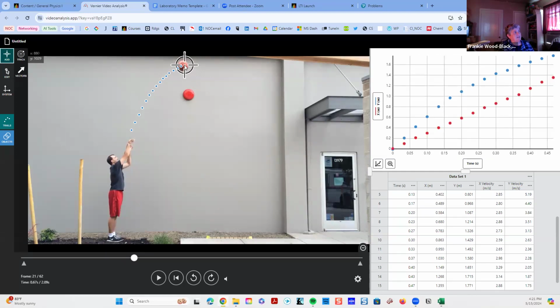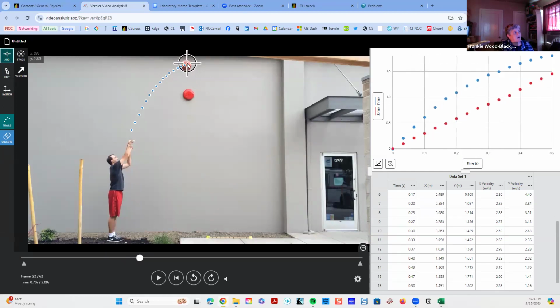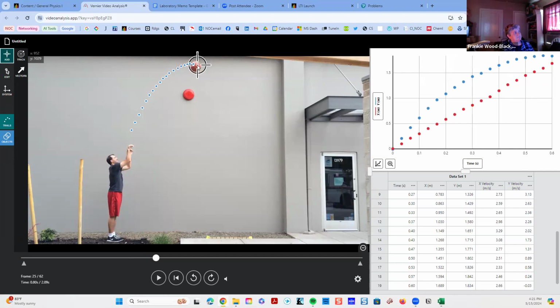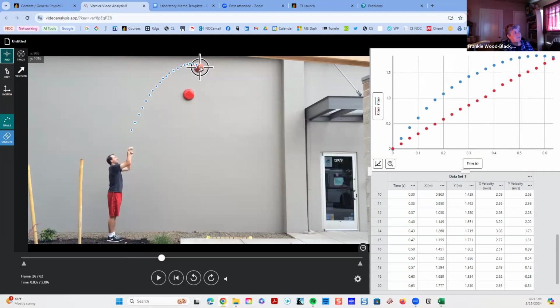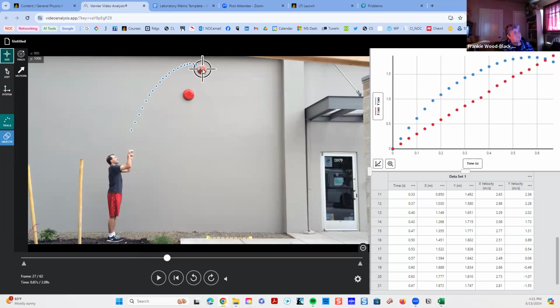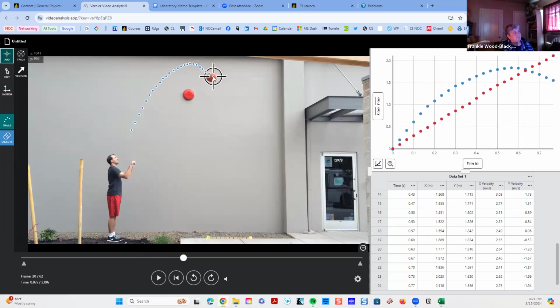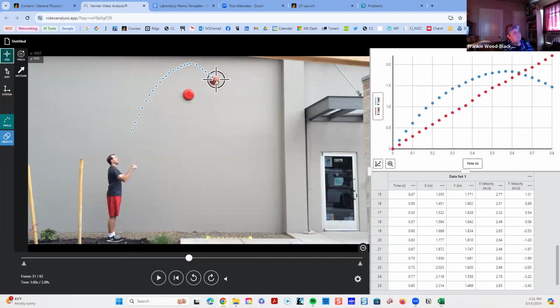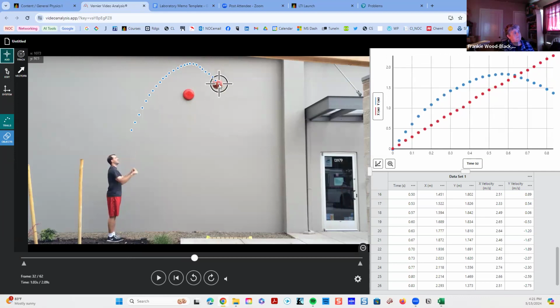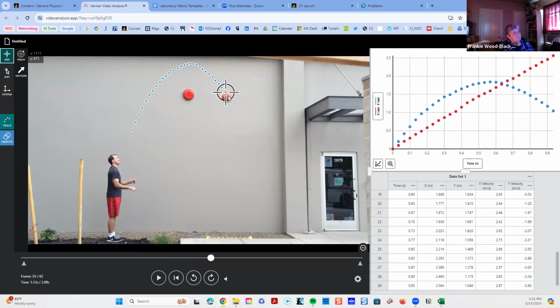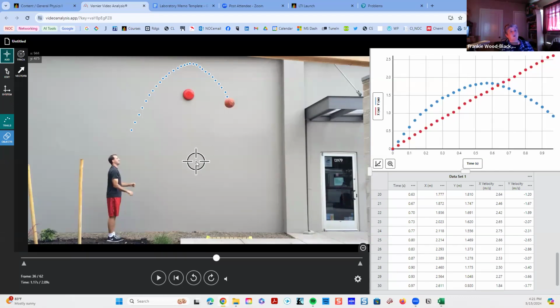You can see I've got a little bit of error in there based on how I'm eyeballing it. So I've collected quite a bit of data.